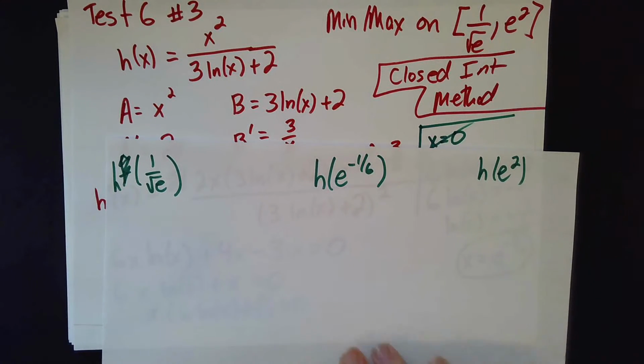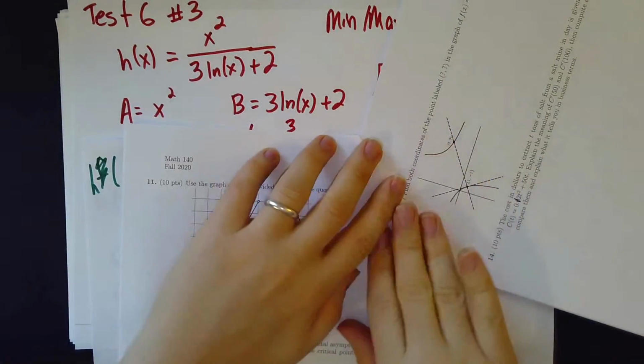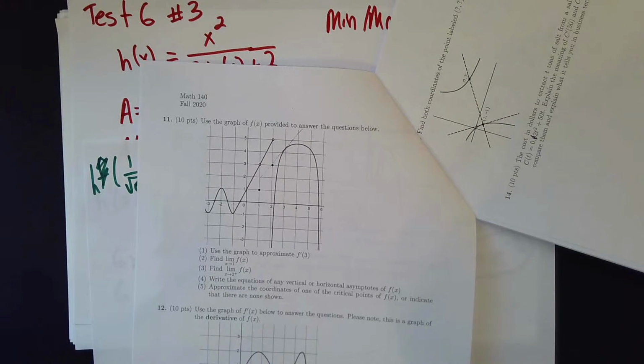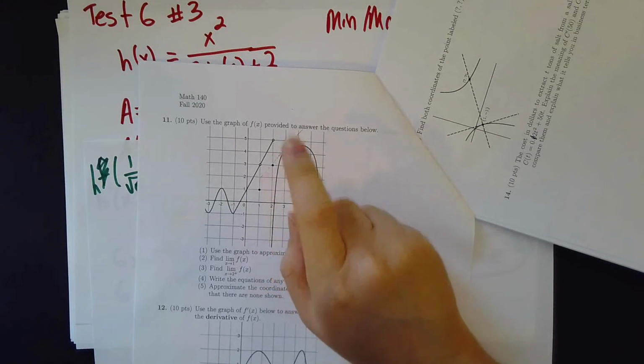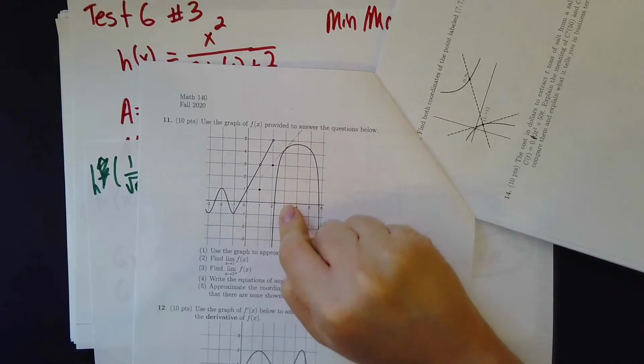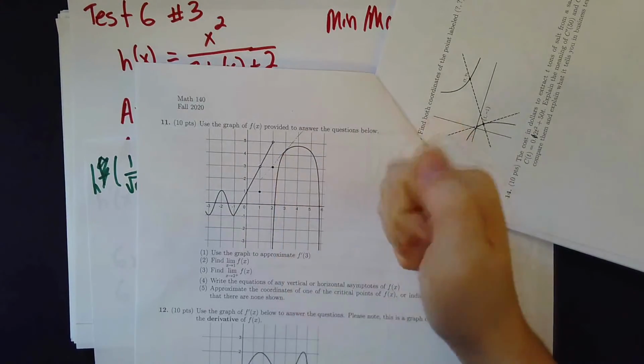Find f prime of 3. Let's see. So I can show you what I did when I did it. I ended up estimating this point, and I guessed that this point was approximately (3, 4 and a third).